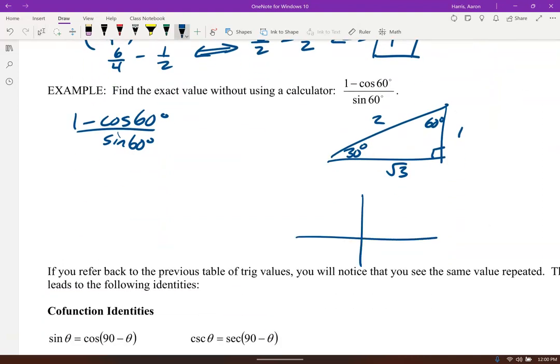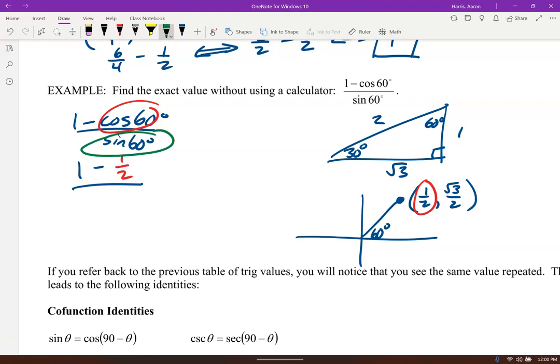I rotate 60 degrees on my unit circle, and I find this point, which is 1/2, root 3 over 2. The cosine of 60 degrees is the x value. So I got 1 minus my x value, which is 1/2, all over my sine of 60 degrees. Sine of 60 degrees is the y value, root 3 over 2.